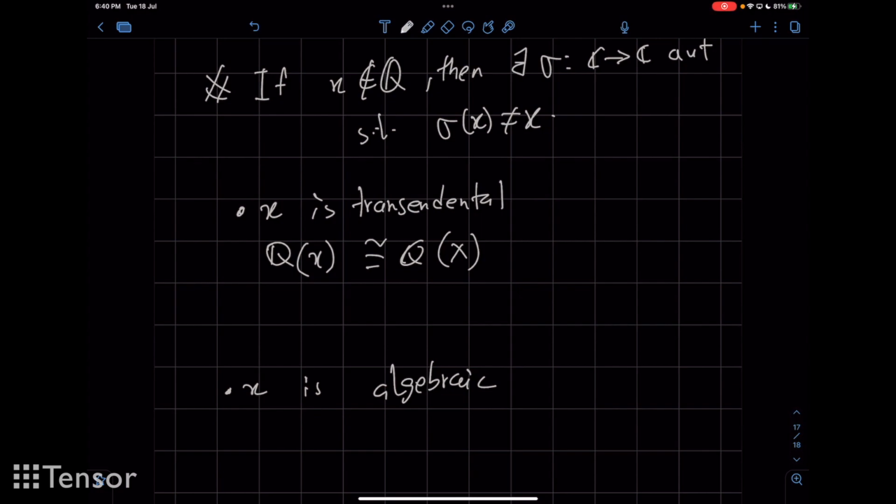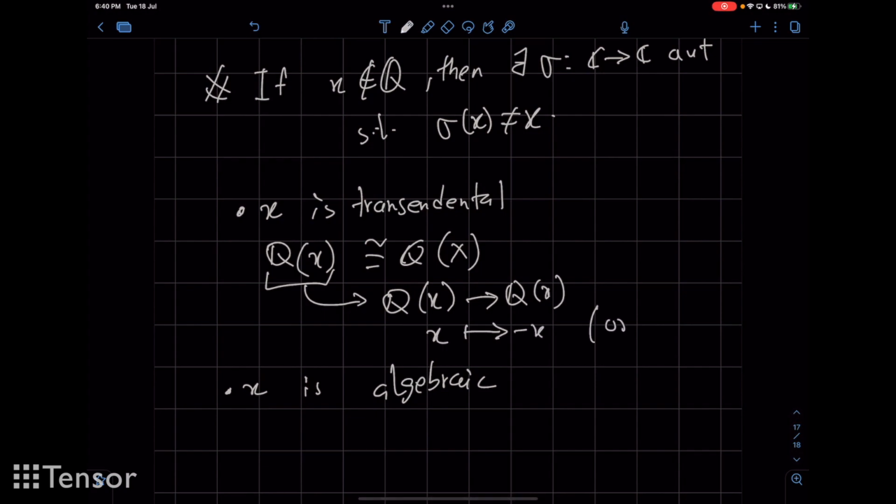We can define an automorphism of Q(x) to Q(x) by simply defining, let's say, x goes to negative x or even 1 over x. And of course, Q has to be preserved, right?